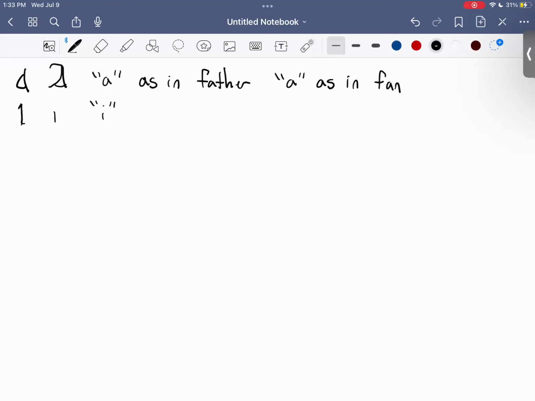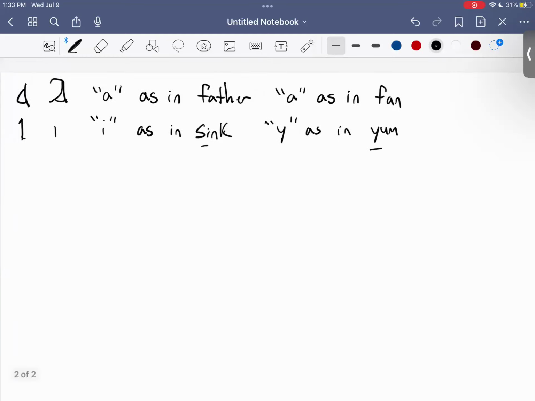It can also at times make a Y sound, as in yum, but it can also be as in sink. It's less like an E and more like a short I. So you're not really saying seenk, you're saying sink. So that's iota, that's alpha.